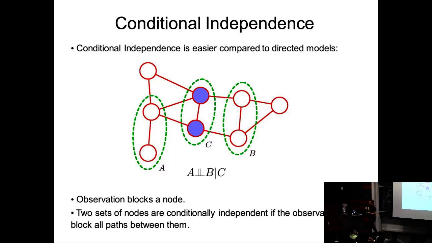Conditional independence. What do these graphs tell us? Conditional independence is easier compared to directed models. In this case, observations block a node. If you have two sets of random variables, any path that's blocked by C basically means that all of these random variables are independent of all these other random variables.